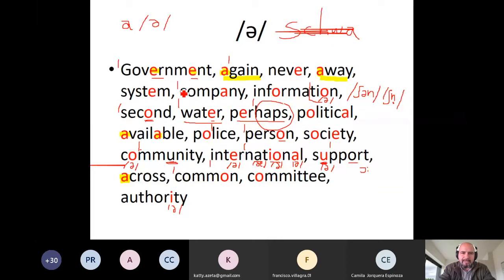Company, penny. So schwas sound like that. Never. It's not never, it's never. It's a schwa. Very relaxed. Okay.